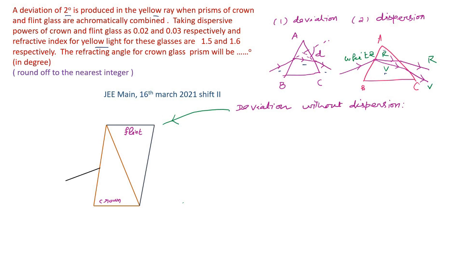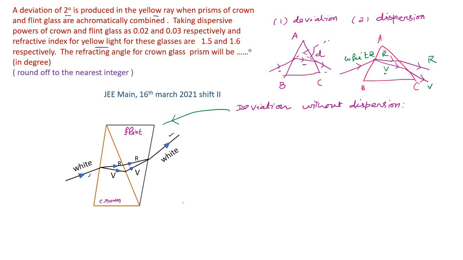Incident ray: see the splitting, violet and red. When they pass through this flint, they recombine to produce white again. So we say there is no dispersion, but there is deviation. Look at the emergent ray here. Its direction is different from the incident direction, so there is deviation.